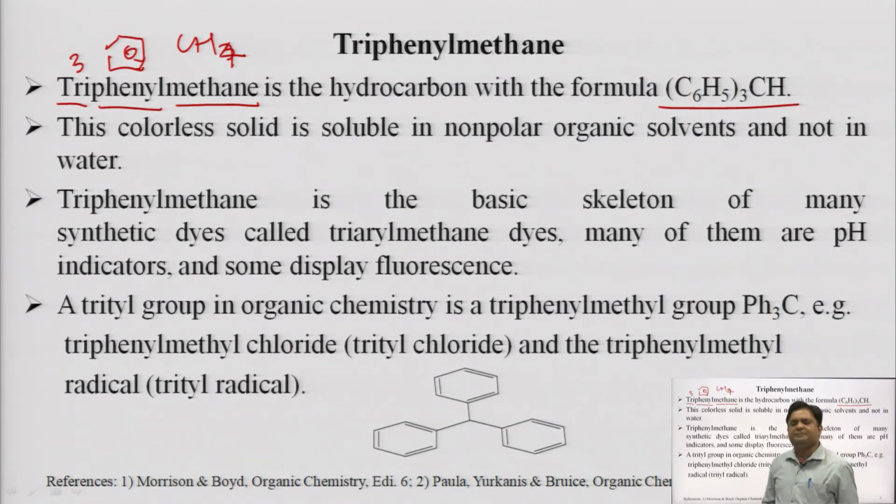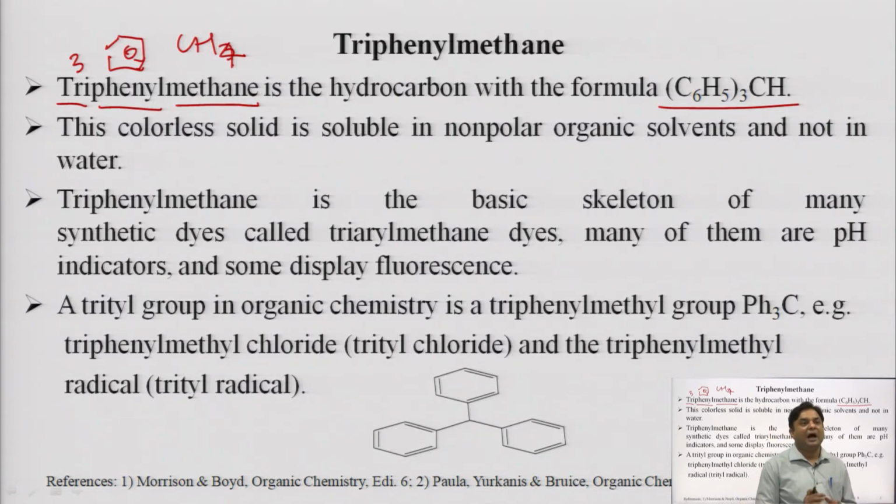This is the most important feature of triphenylmethane, because it acts as the backbone of many dyes which can be used in the textile industry and in synthetic organic chemistry to provide color. All the dyes which have the triphenylmethane structure are called triarylmethane dyes.